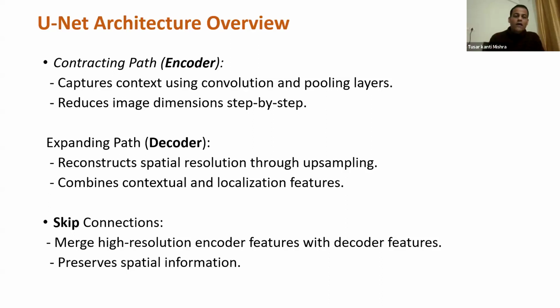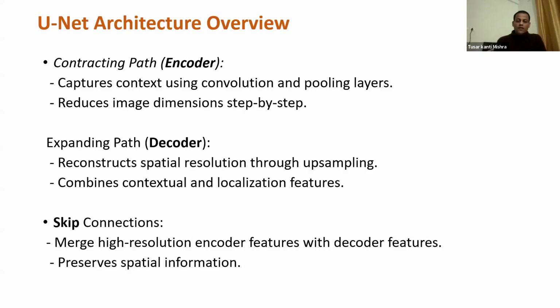We will easily see how the name UNET is given. Shortly we'll see. So there is a contracting path or encoder. It captures the context using convolutional and pooling layers, similar to the CNN, and it reduces the image dimensions step by step. Okay, fine. The same happens in the case of CNN as well.